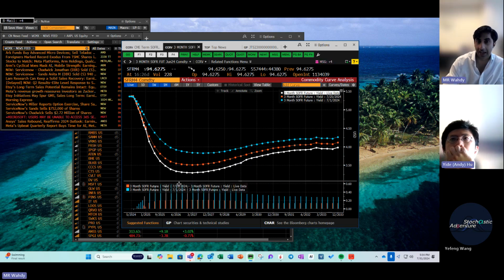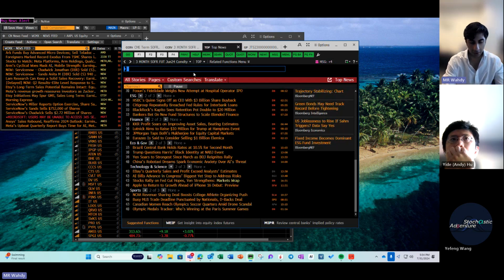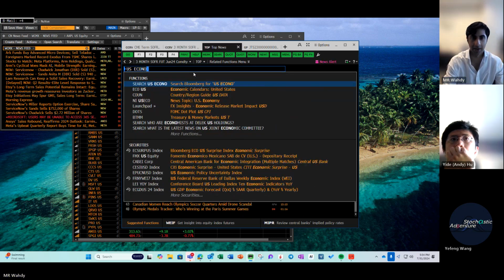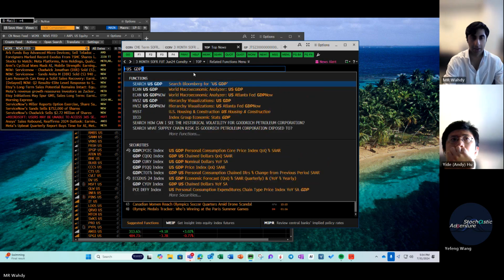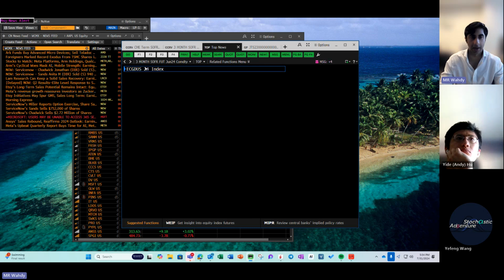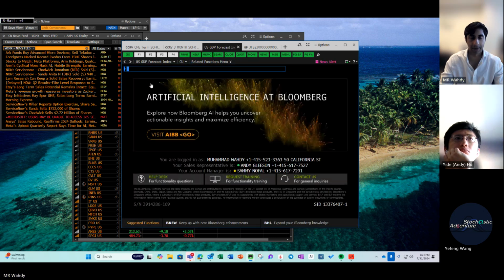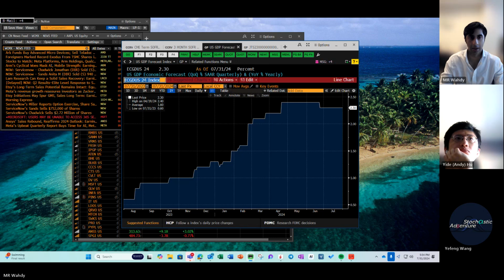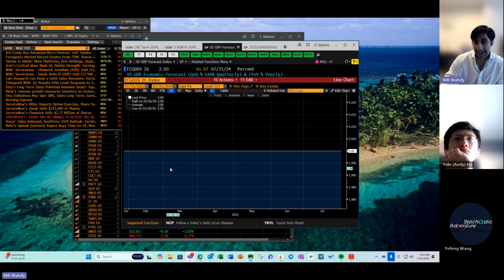Okay, so then you can compare this to our US economic forecasts. It's this one, but I'm going to change the view. For 2026, that's at 2%.